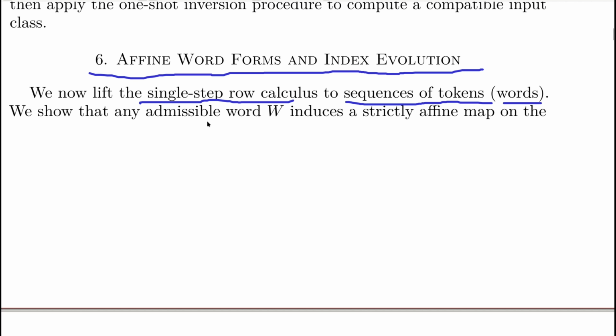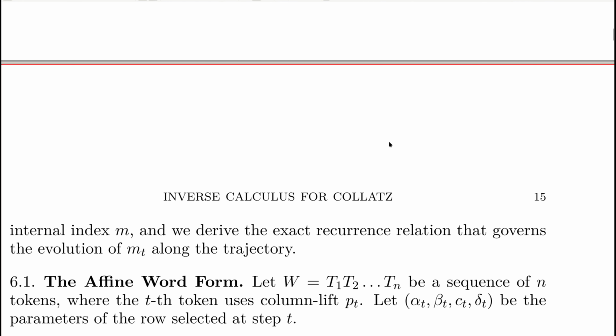We show that any admissible word W induces a strictly affine map on the internal index M. And we derive the exact recurrence relation that governs the evolution of Mt along the trajectory.